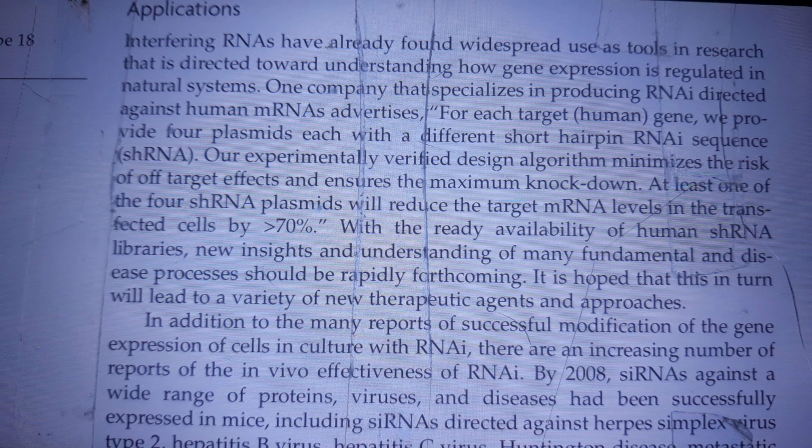The experimentally verified design algorithm minimizes the risk of off-target effects and ensures maximum knockdown. There's a claim that at least one of the four shRNA plasmids will reduce the target mRNA levels in the transfected cells by greater than 70%.